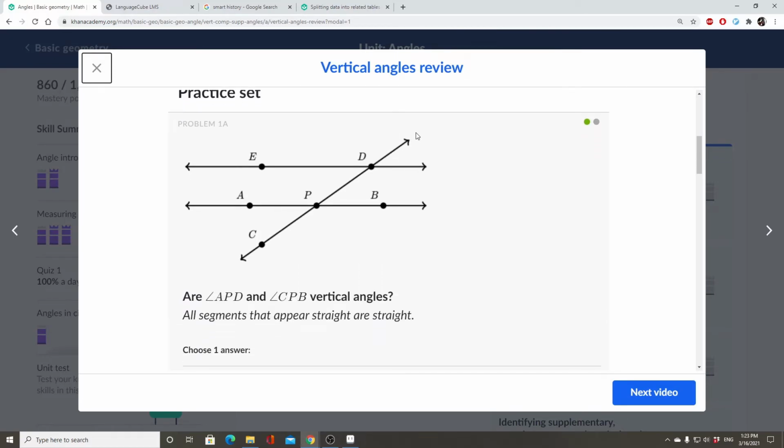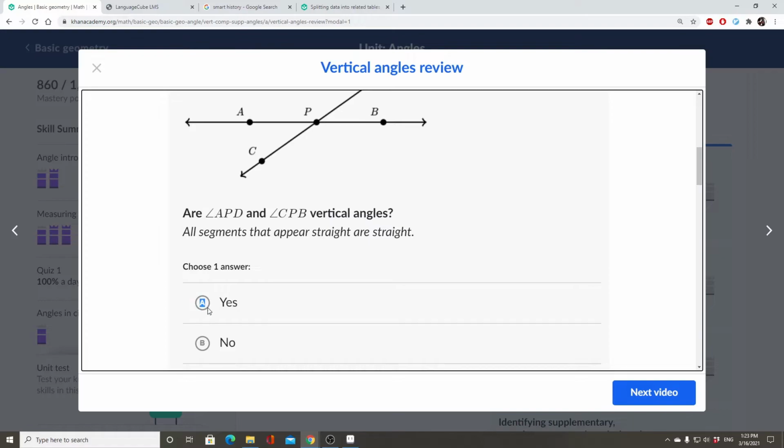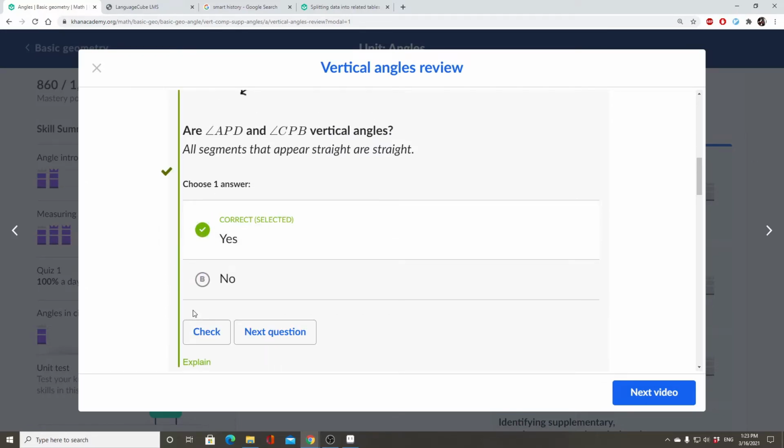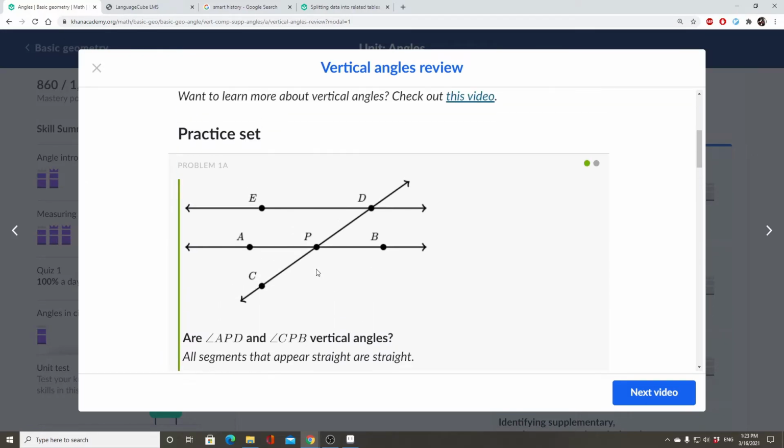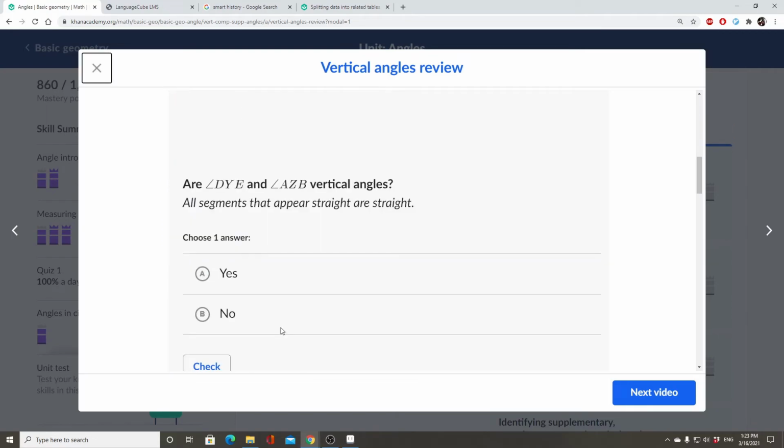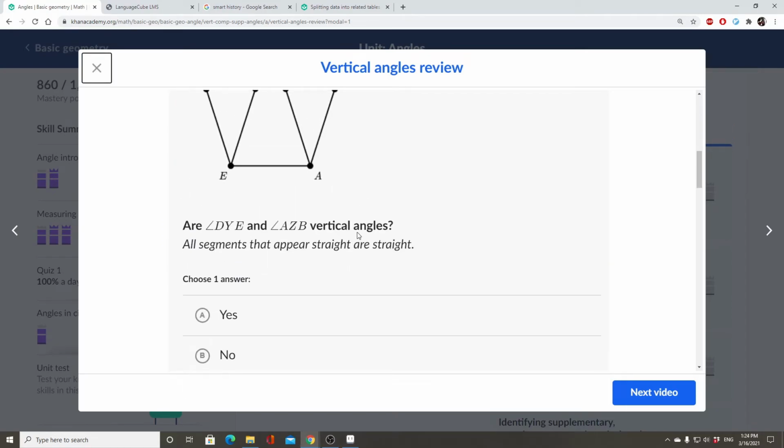So I already watched this video, so let's take a look at the practice set. Are APD and CPB vertical angles? All segments that appear straight are straight. I guess so, right? Because APD and CPB are opposite each other. So I think they are. Yes. Okay, good.